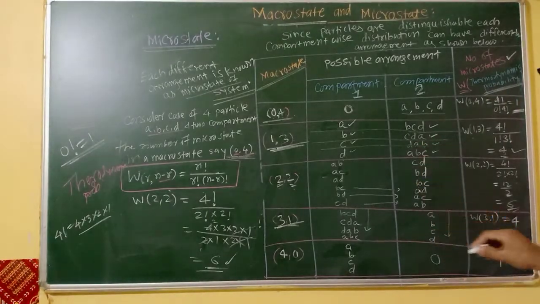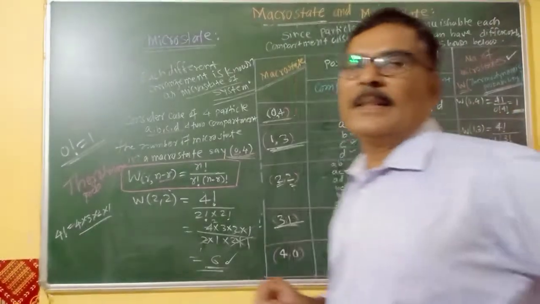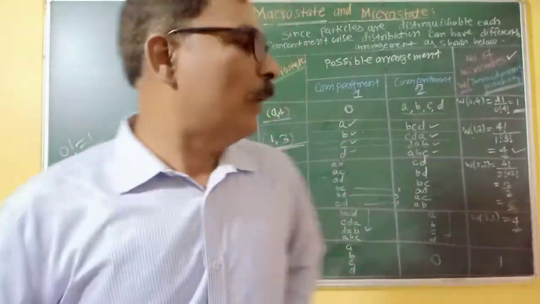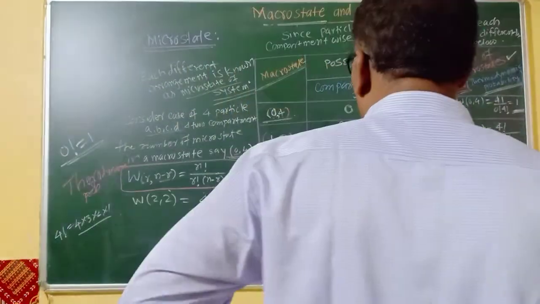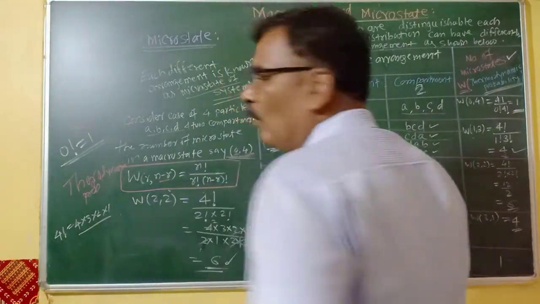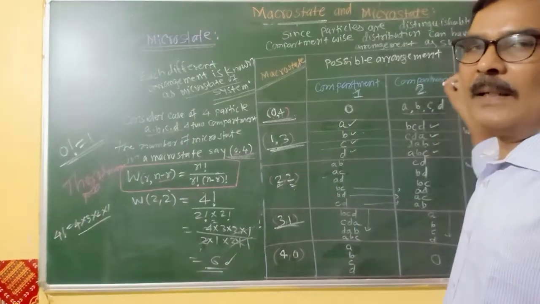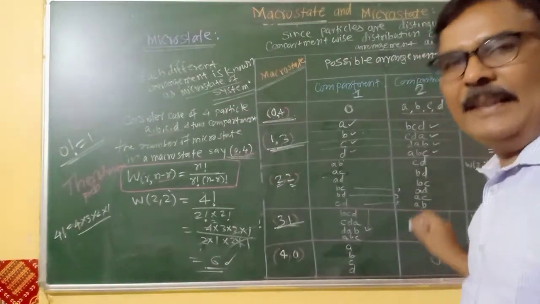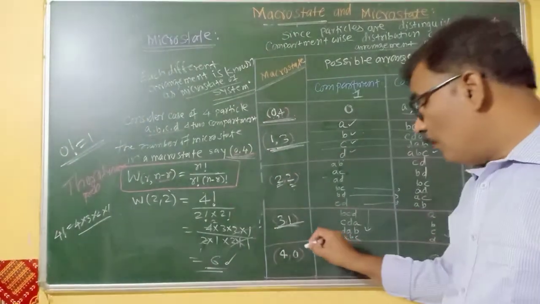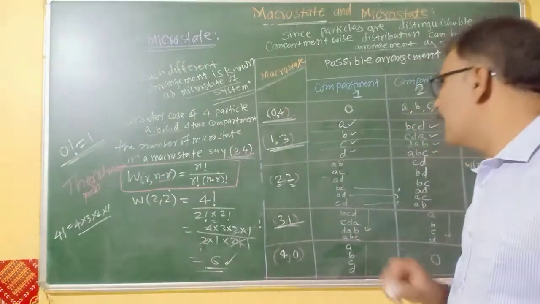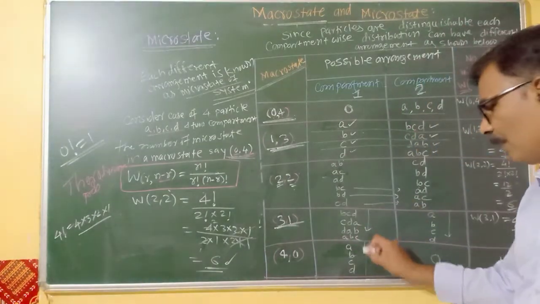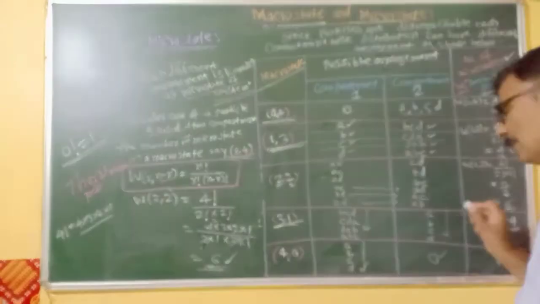And similar possibilities we have to observe, that is thermodynamic probability 3, 1 is equals to what? 4. Similarly, the first case is what? 0, 4. In the first compartment 0 and another compartment A, B, C, D. Here also 4 in the first compartment and 0 in the second compartment.